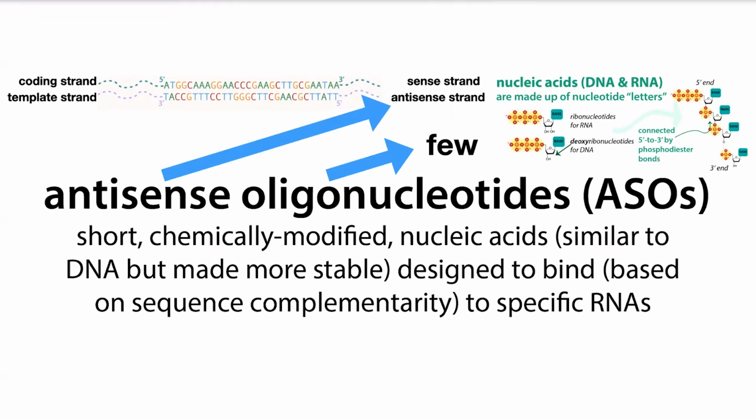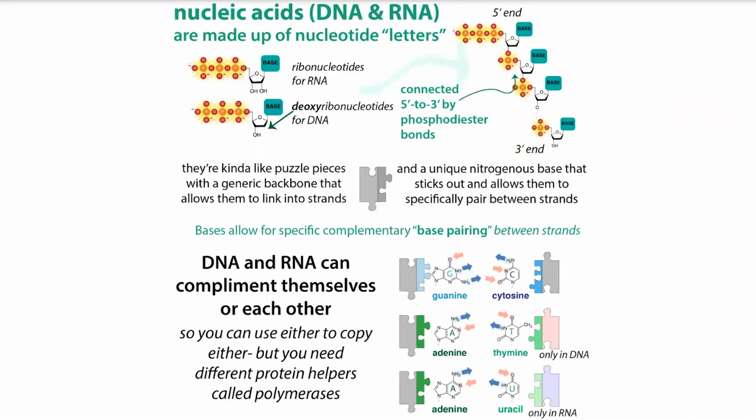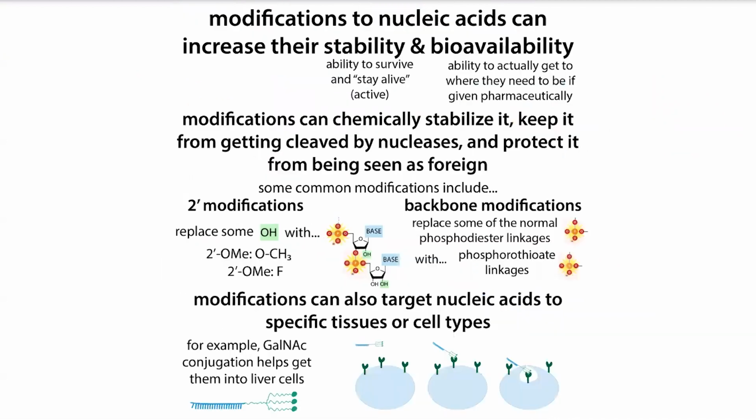What about oligonucleotides? Oligo just means few, and nucleotides are the building blocks of nucleic acids. Typically when we think about nucleic acids, we're thinking about DNA and RNA, but there can be modifications to nucleic acids, and this is in fact what we're going to see in the case of these ASOs. They're going to get modifications that help stabilize them, as well as modifications that can target them to specific tissues or cell types.